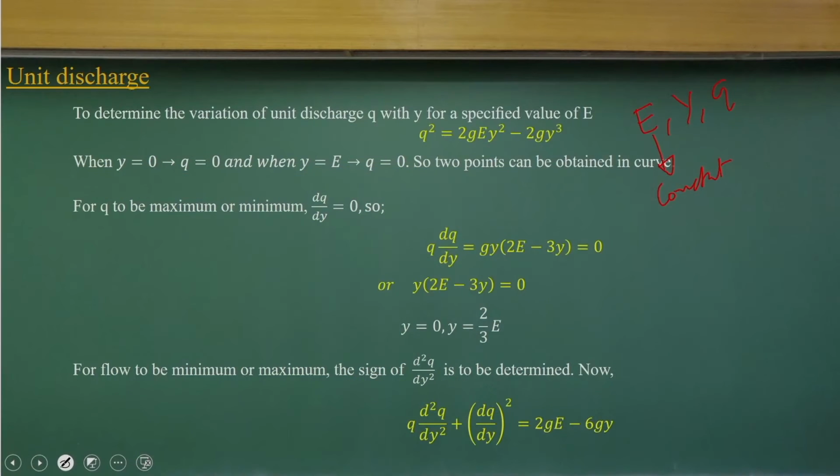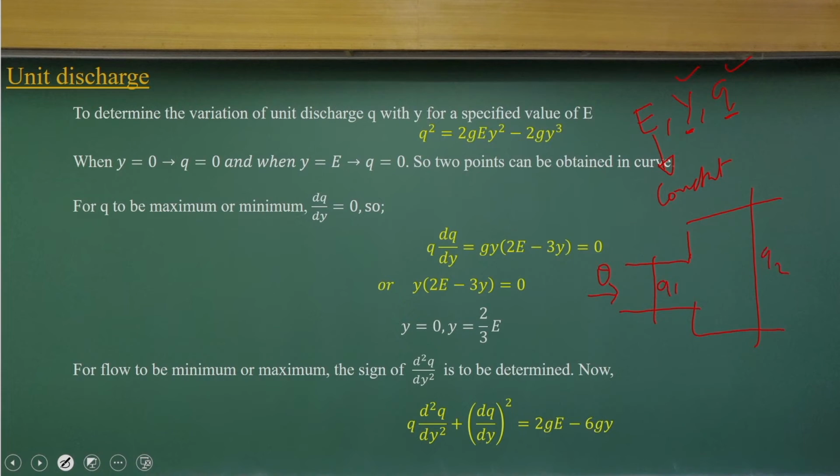The flow will vary with variations of y and q. Q is the discharge per unit width. That means if the same amount of capital Q is coming in as the channel expands, the Q value at this point will change.